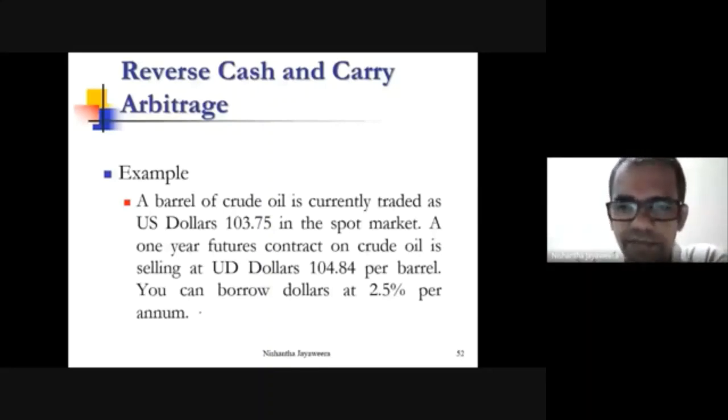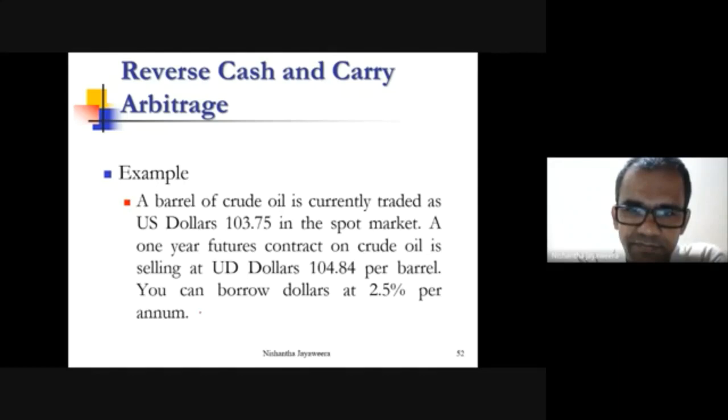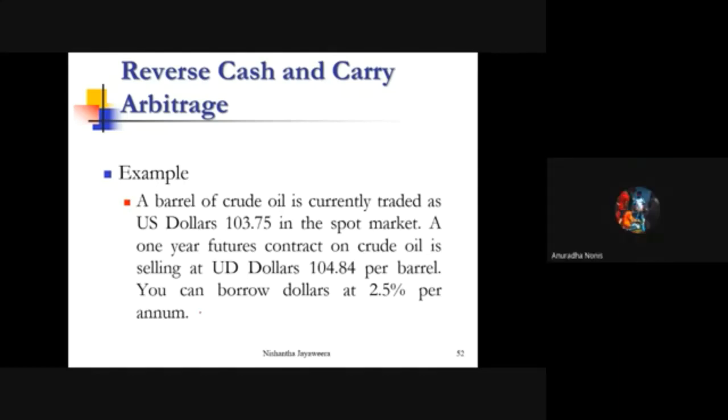You borrow from that party and deliver it to the buyer of the underlying asset. But the party who lends you that asset will charge you a lending fee. When you return the asset, you have to return the asset plus the fee that you agreed to pay. Is it clear? Yeah, okay, sir. Now it's clear.